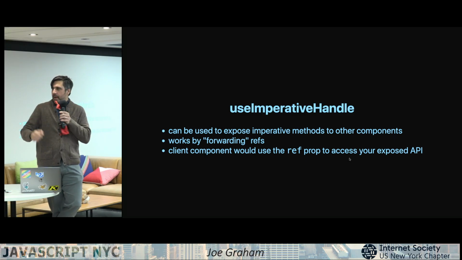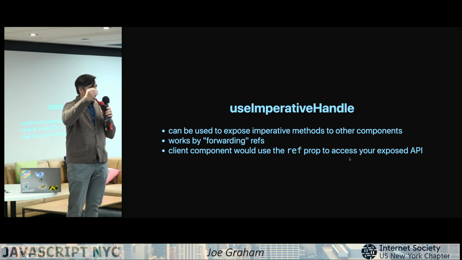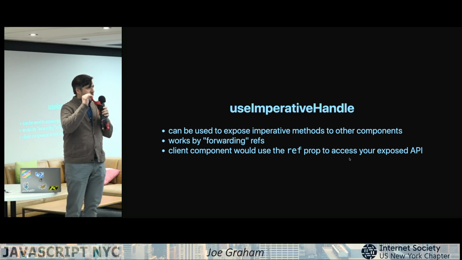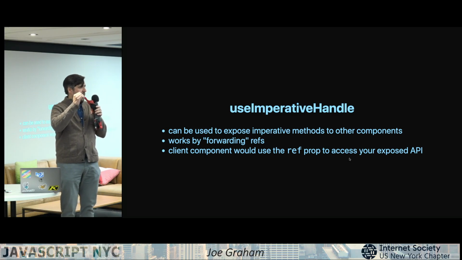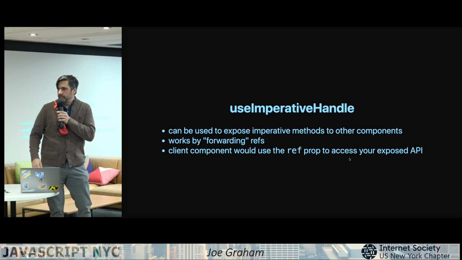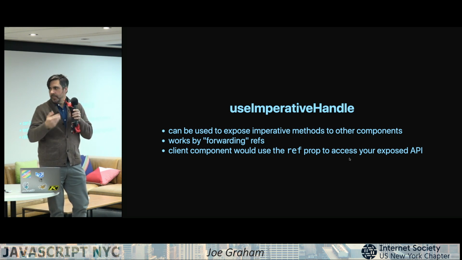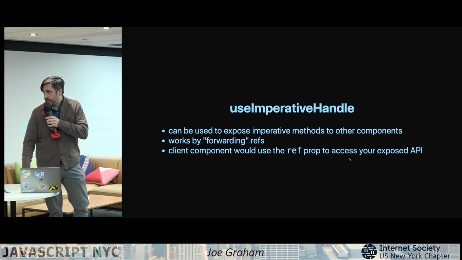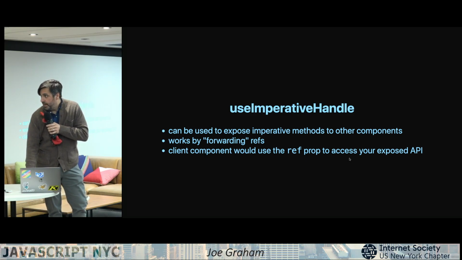Maybe you're building a charting library or whatever, and you need to provide some sort of method that you can call, like a focus. You can use useImperativeHandle to return back that closure, or object, that exposes the API to a client. Probably not something you would see in an interview scenario, but.